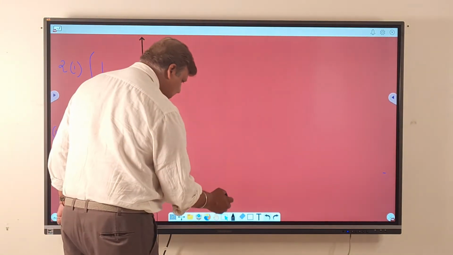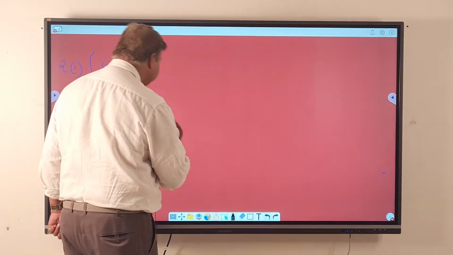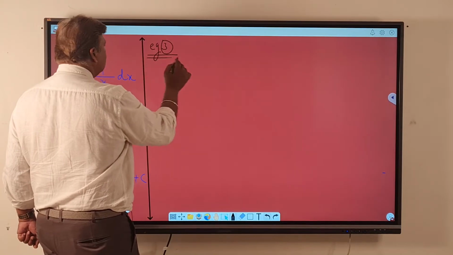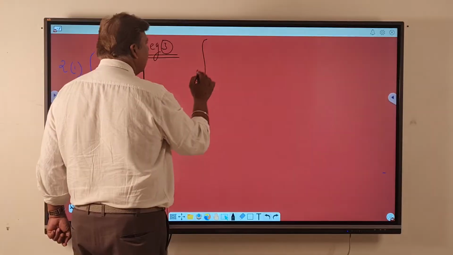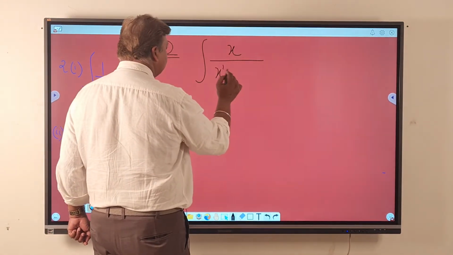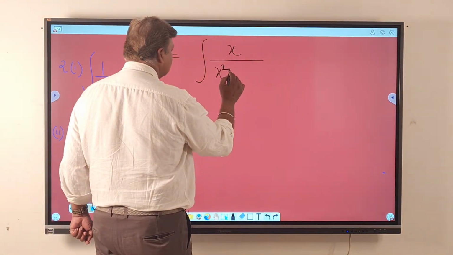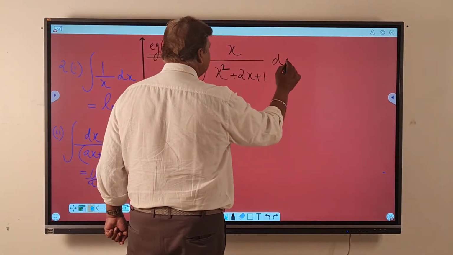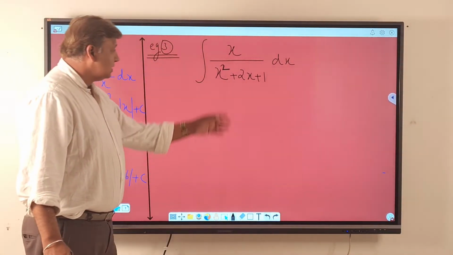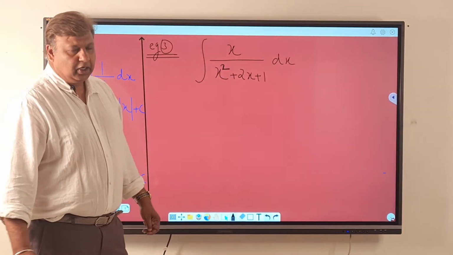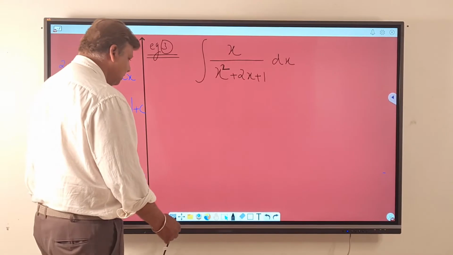Okay, students, next question being example 3 in the same category. You have x in the numerator and you have x square plus 2x plus 1. Okay, how do you handle this? Now here there is a quadratic in the denominator, there is a linear in the numerator. How would you handle such kind of question?